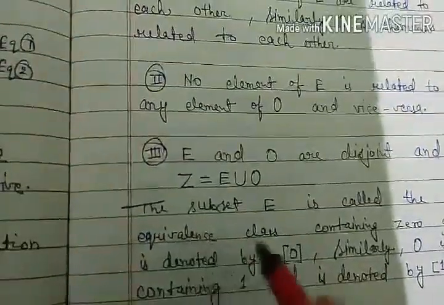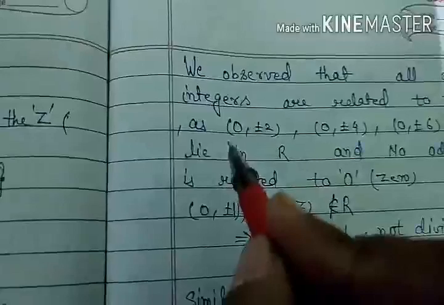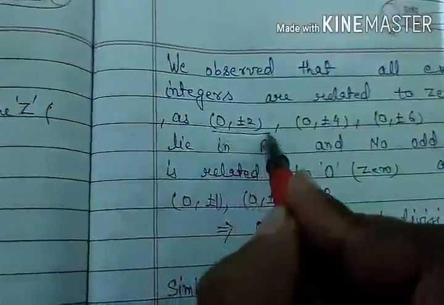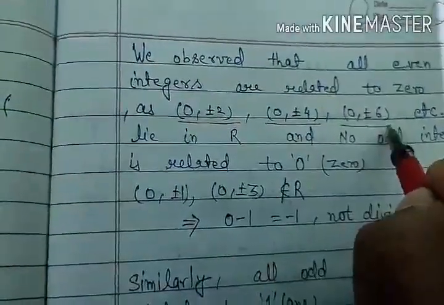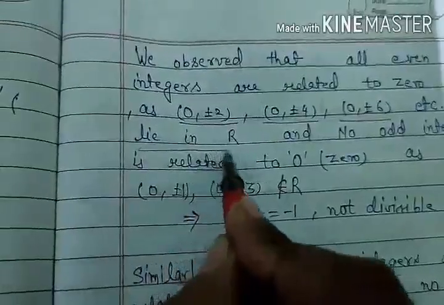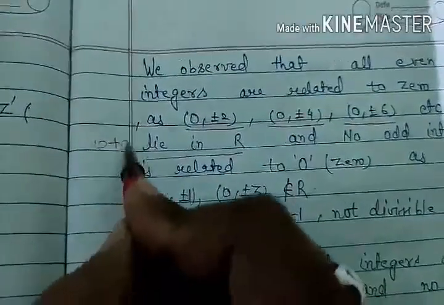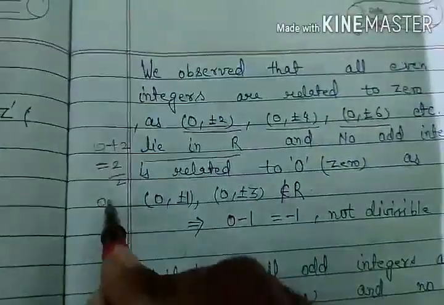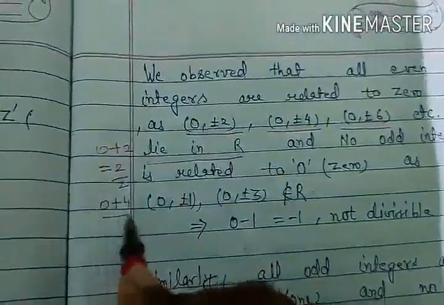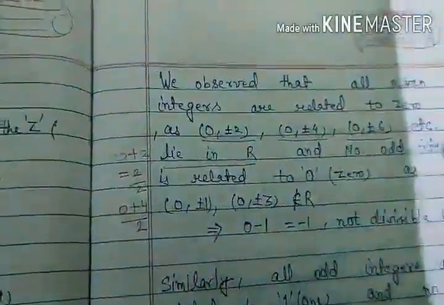Because of this relation: (0, ±2), (0, ±4) and (0, ±6) lie in R. As you can see, 0 + 2 will give you 2, that is divisible by 2. Similarly, 0 + 4 will always give you a number which is divisible by 2. That's why we are calling this 0 the equivalence class.